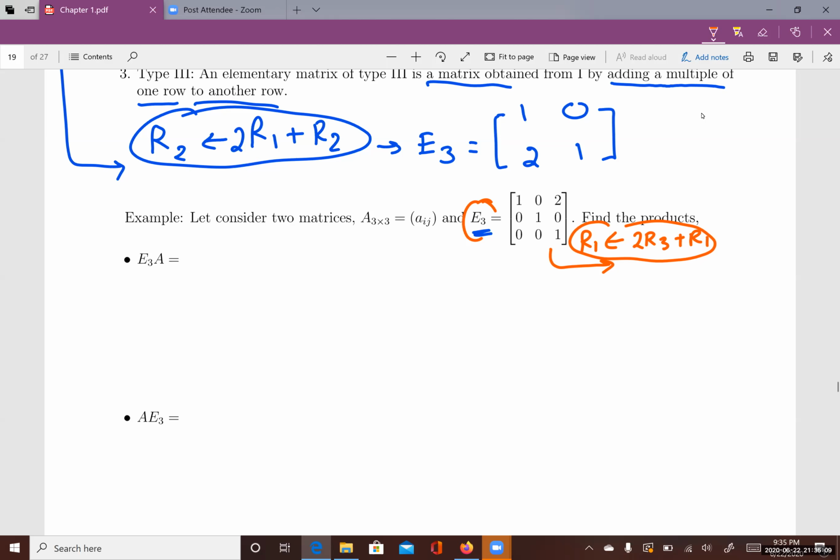That's my observation, but the task is: if I take an arbitrary 3 by 3 matrix A and multiply E3 by A, what would I get?